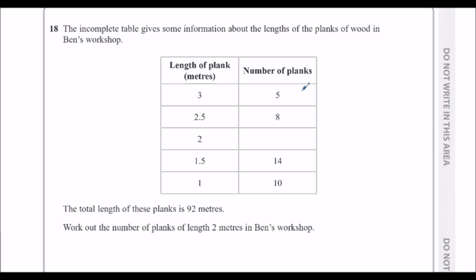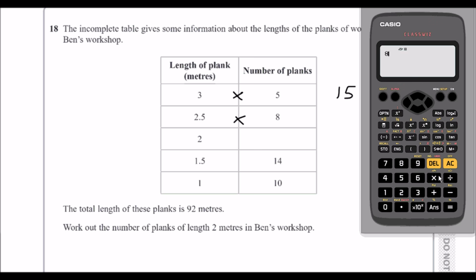So we have 5 planks that are 3 meters long. 5 3s are 15. So that's 15 meters in total. 8 planks, 2.5 meters long. 8 times 2.5 is 20.